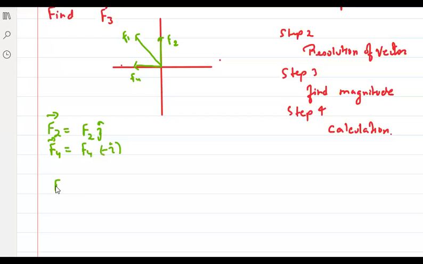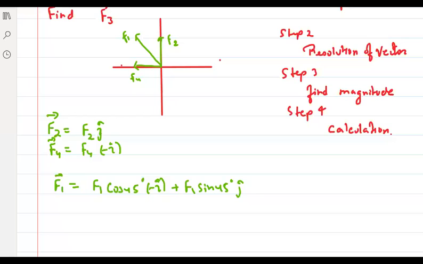And F1 is magnitude of F1 cos 45 degrees into minus I cap plus magnitude of F1 sin 45 degrees into J cap. Second step done. Everyone check step by step. So this is correct, everyone. I hope this is correct, right?